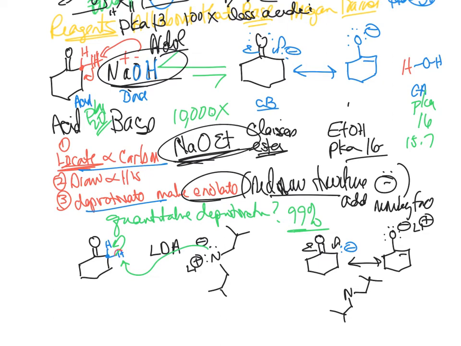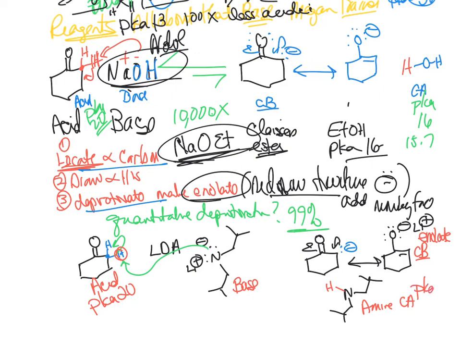And it took away this hydrogen here. So this here is your acid, pKa 20, and this is your base. Over here, this is your conjugate base, the enolate, and then your protonated amine becomes your conjugate acid.